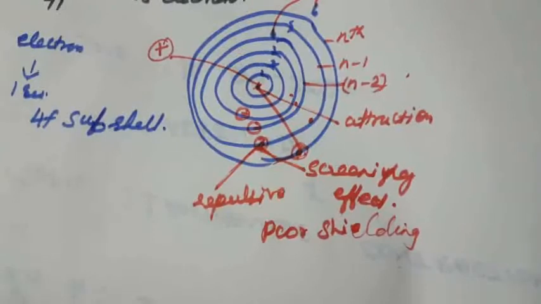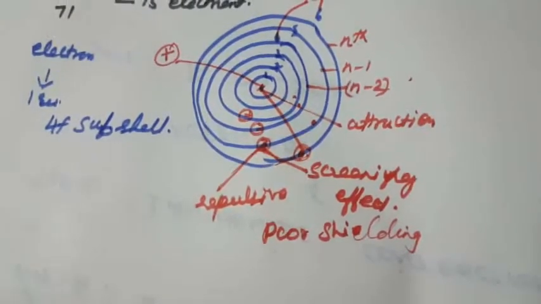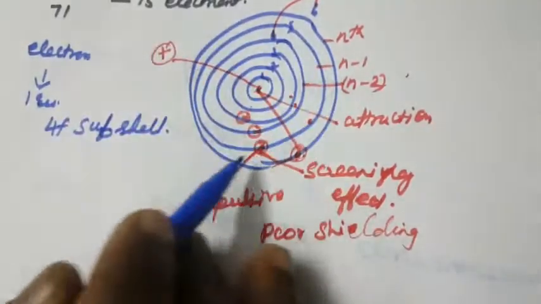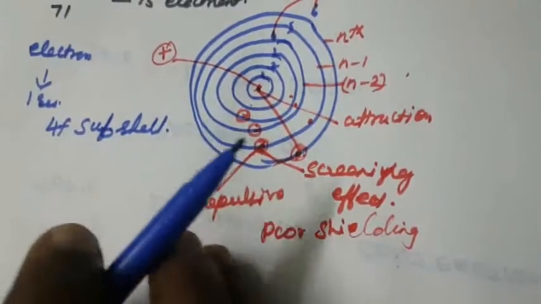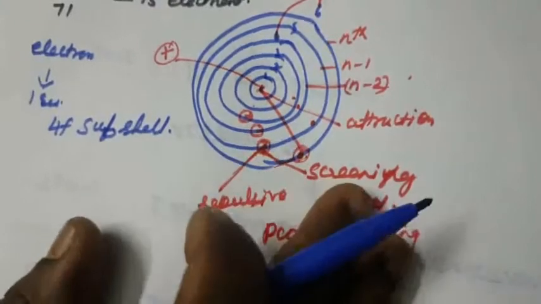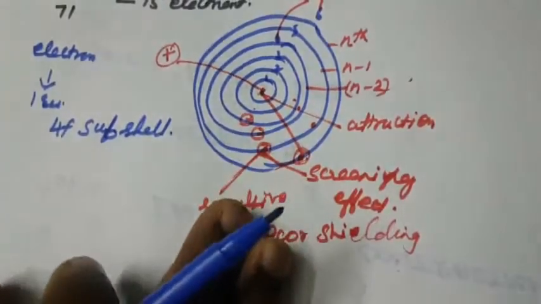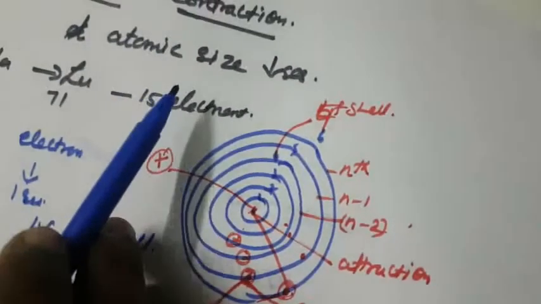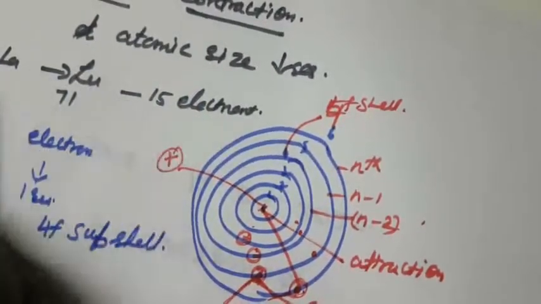That is why the attraction is not screened, so the electrons are strongly attracted towards the nucleus and the atom size shrinks. This is the basic concept behind the lanthanide contraction. So in lanthanide contraction, the atomic size decreases from lanthanum to lutetium, from left to right.